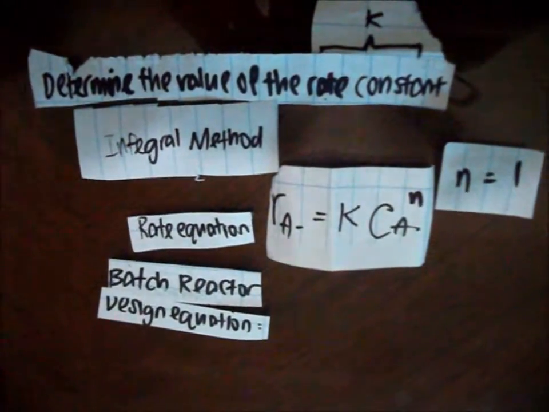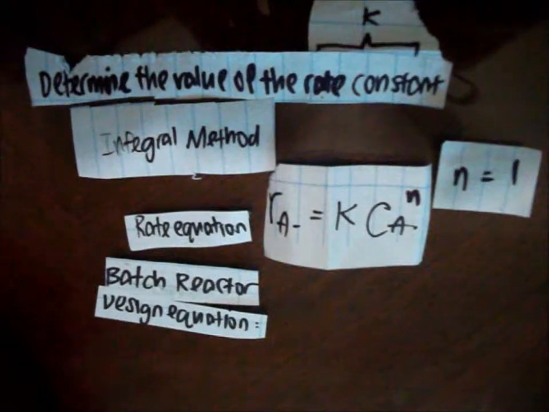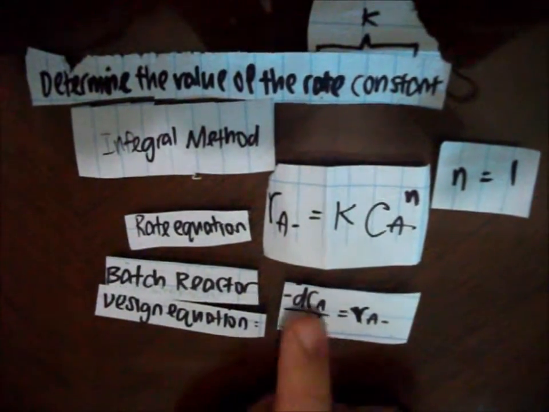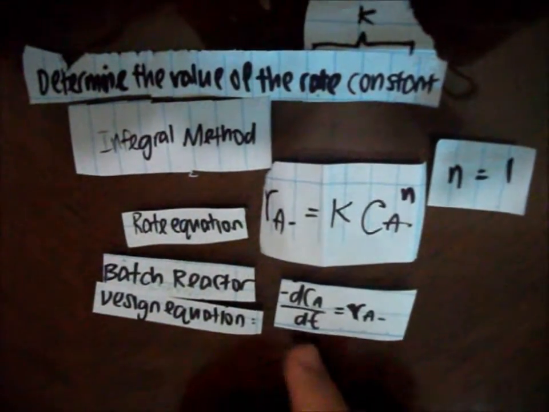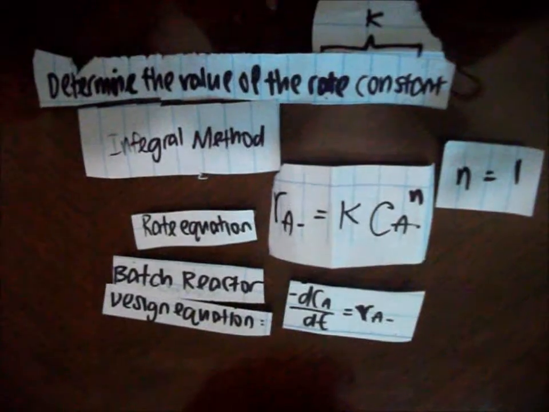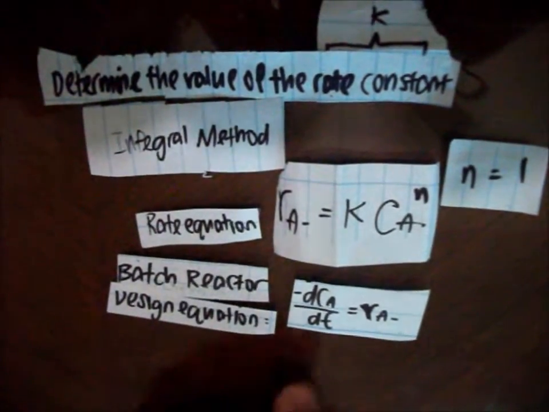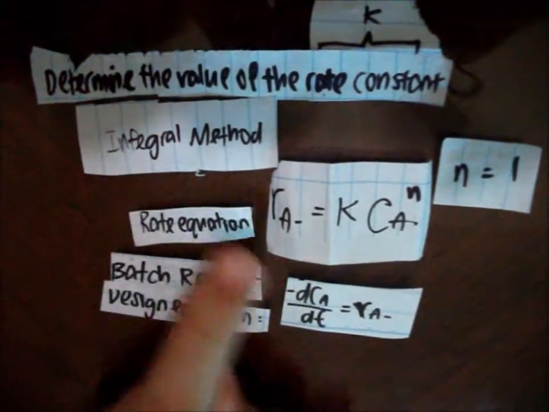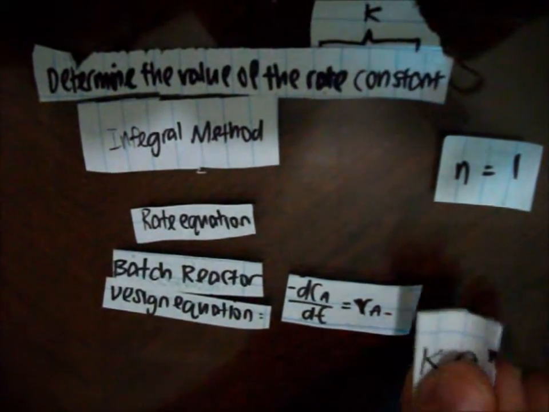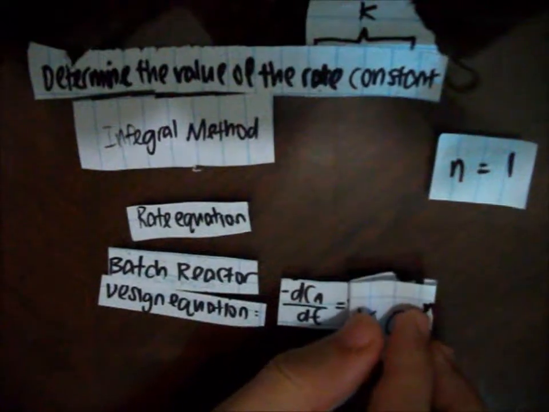Then we also need the design equation of the batch reactor, which is negative dCA over dt equal to the rate of reaction. If you have been paying attention, you can substitute the rate equation into the design equation. So basically we do this.